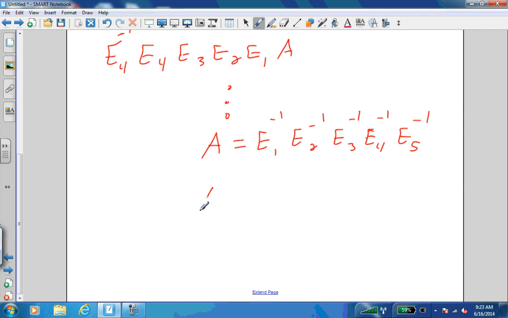Now keep in mind that these were in the opposite order. From left to right, they went down. Basically, this was the last row operation, next to last to that, and then this was our first operation.